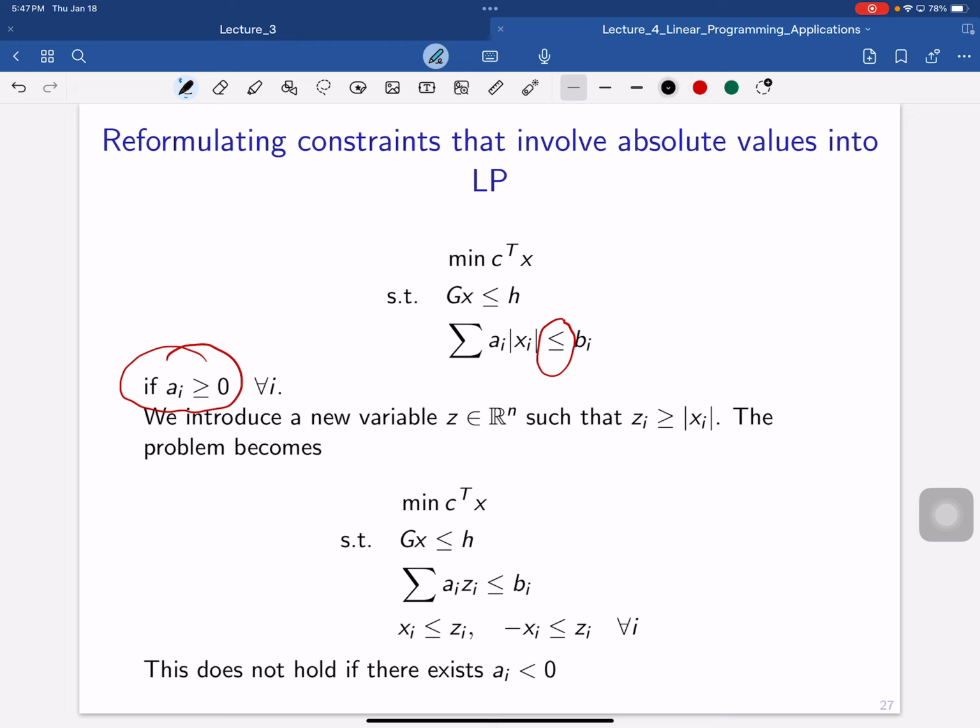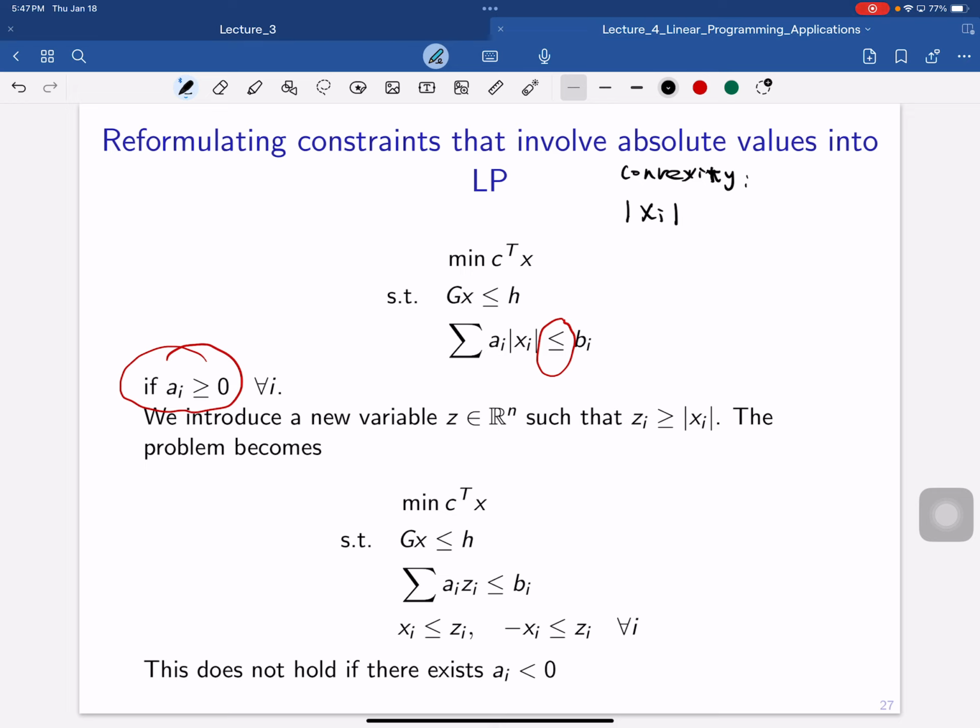sorry, I'm going a little bit over time, but I want to finish this. So the argument follows from convexity. Each of these functions, let's say x_i, the absolute value of x_i, is a convex function.